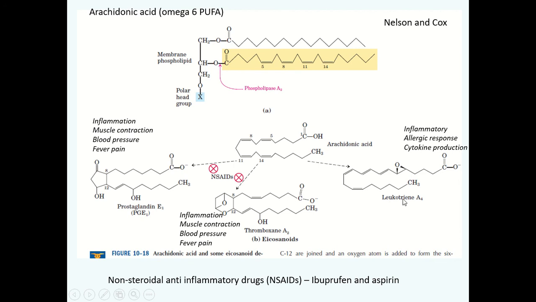The third type of substances which are produced from arachidonic acid are called leukotrienes. These are produced by several types of blood cells. These compounds have an important role in mediating the inflammatory response. They're important for allergic reactions as well.